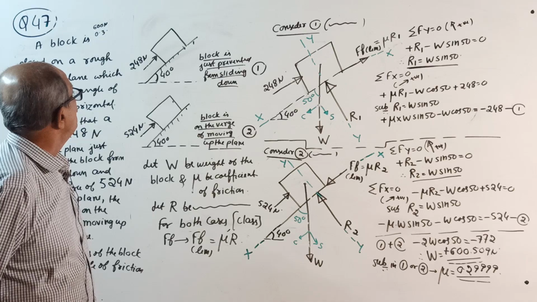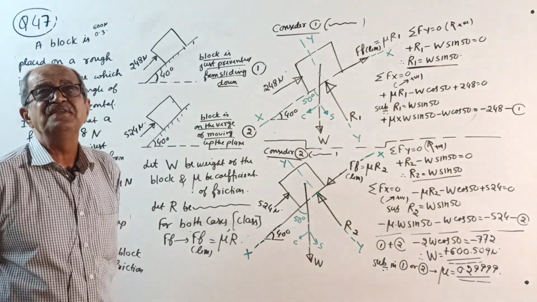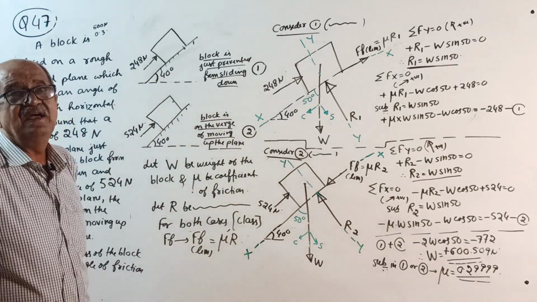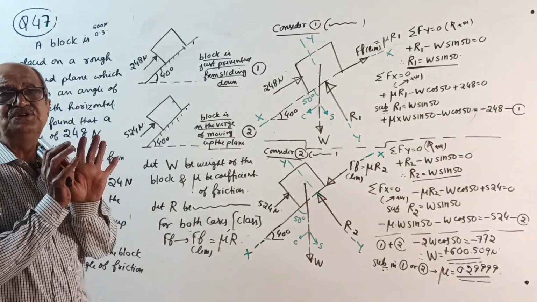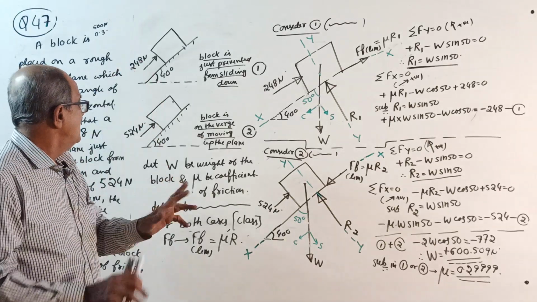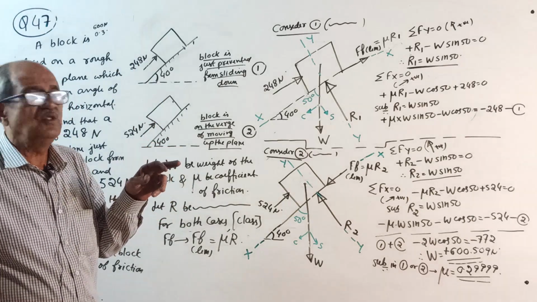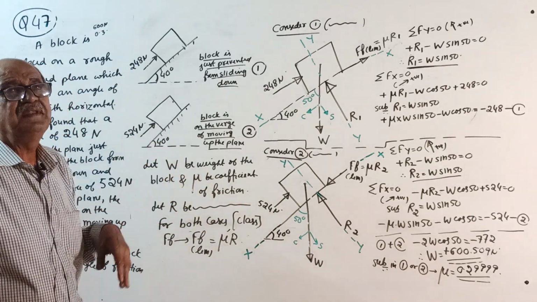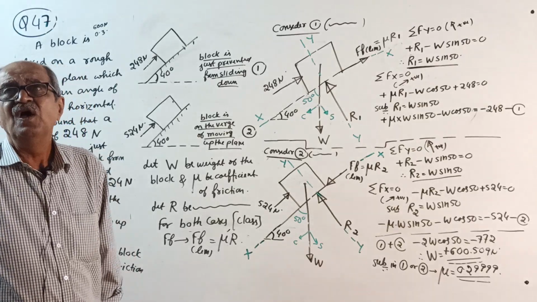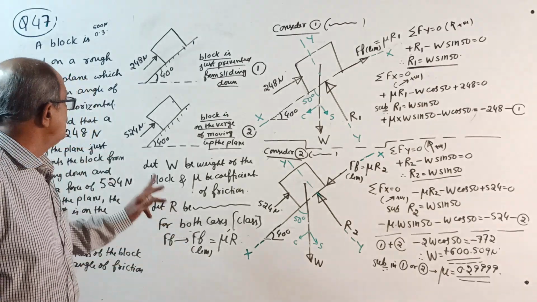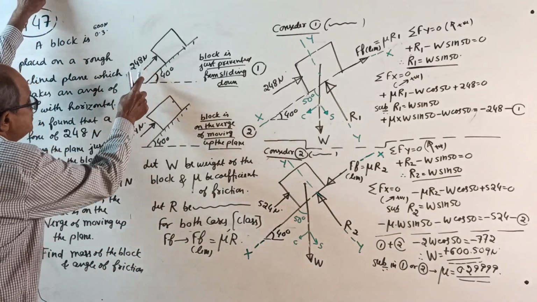The answer came 247.9 something. I rounded to 248. And what force will just push it up the plane? I got 524.0 something, or 523.8 or 9, or 524.12, like that. I rounded to 524. Anyway, this is the question given for you.